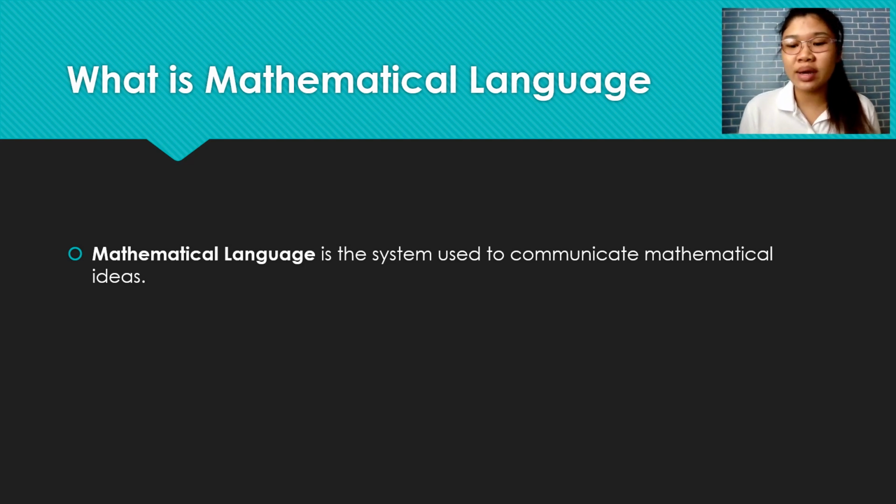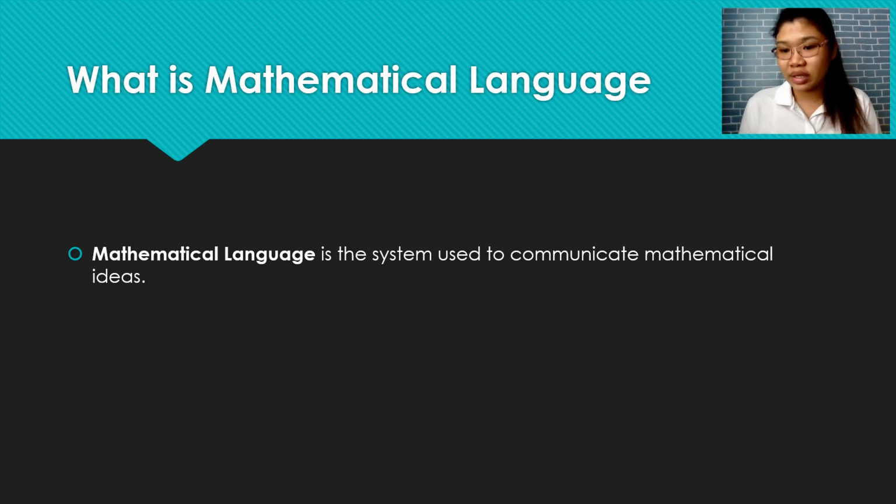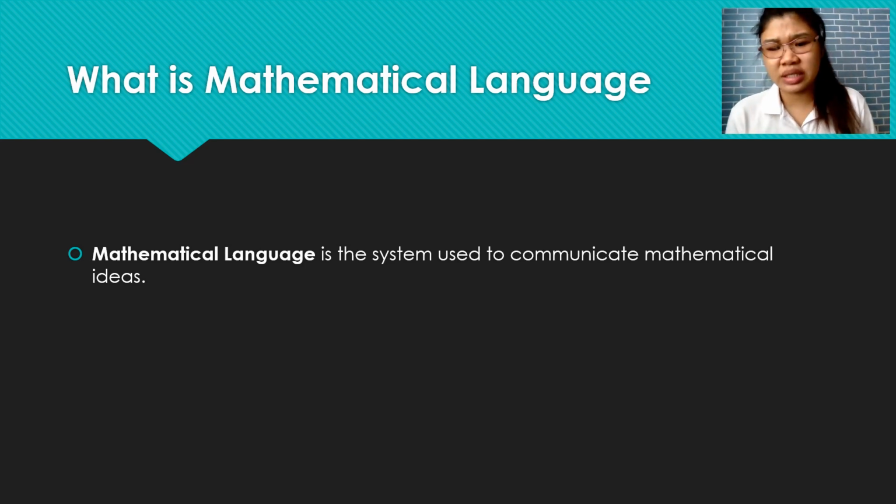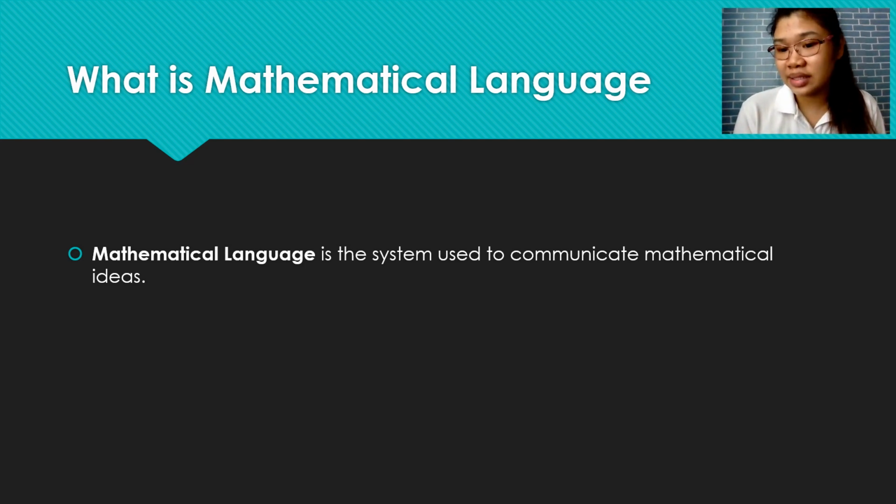So we will be having different terms here. I hope you can be familiar with it because we will be using it many times, especially as engineers, as architects, or those who have many math subjects, because math is everywhere.